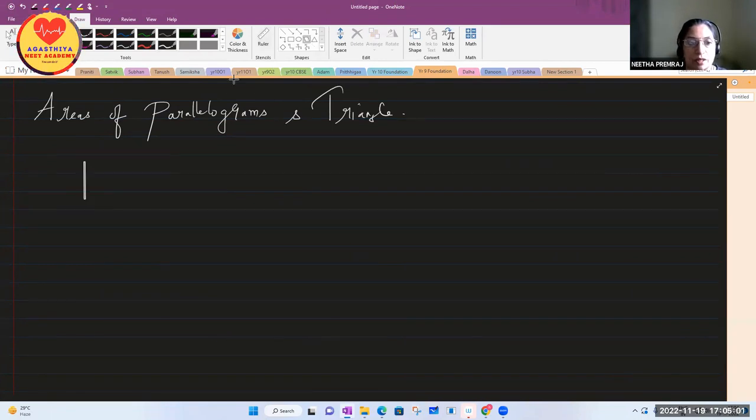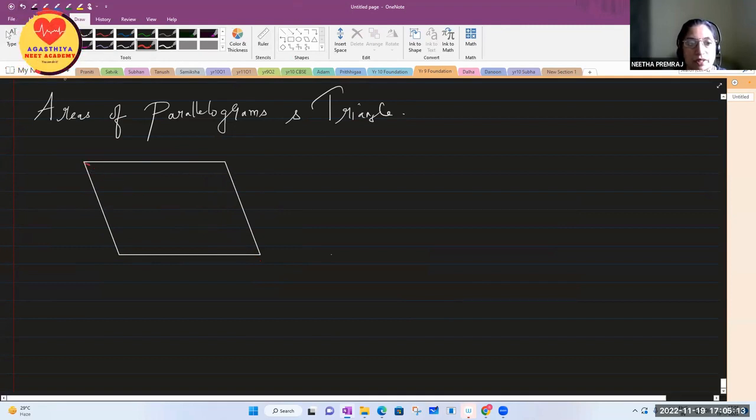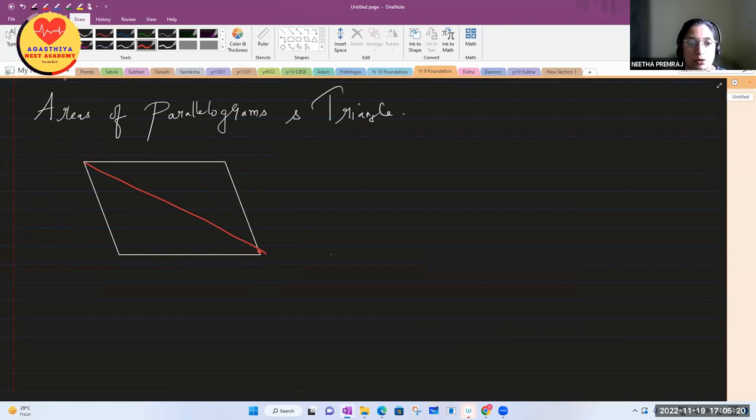In a parallelogram, if you draw a diagonal, what does the diagonal do? It divides it into two congruent triangles. So a diagonal divides a parallelogram into two congruent triangles.